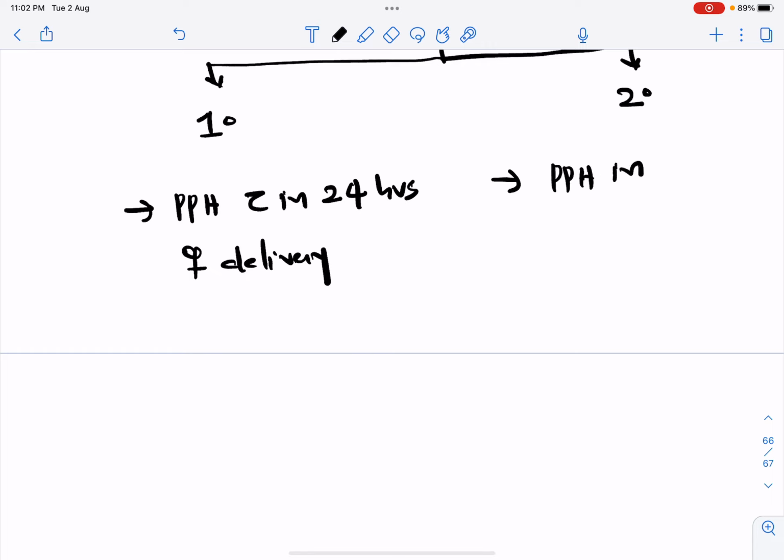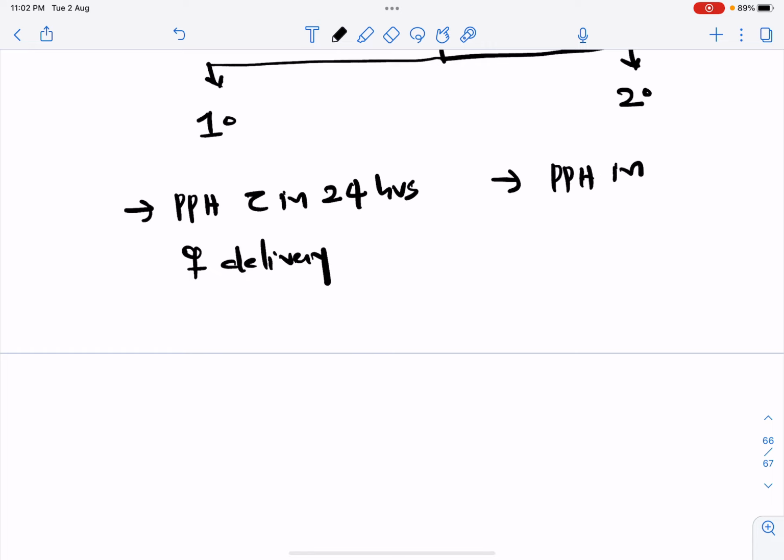The most common cause of primary PPH is uterine atony. But the most common cause of secondary PPH is retained tissue, that is placenta.